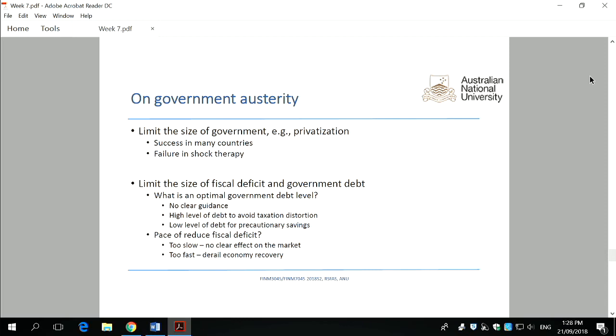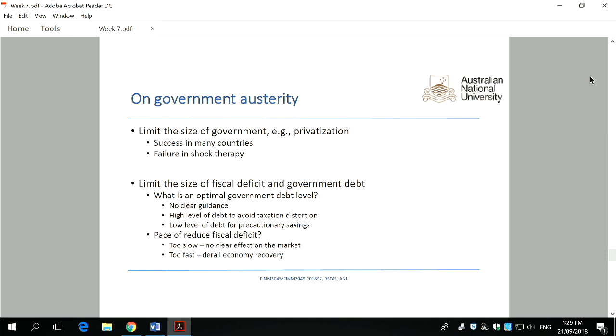This is the related issue of how you pace reducing your government debt, right? If you reduce your government debt too quickly, that might actually trigger a recession. But if you reduce it too slowly, you might allow this debt to grow too large, right? That's exactly the example China is going through right now.